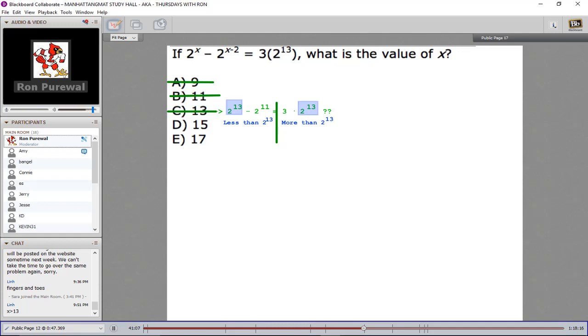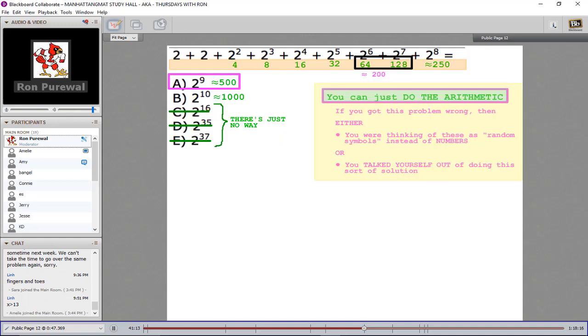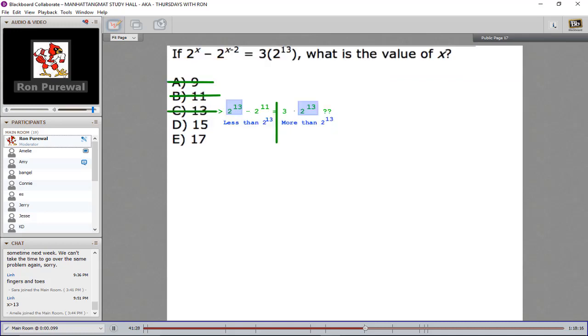Again, it's like I said about that first problem. Where was that problem? This one right here. This happens, right? People get into this frame of mind where these numbers are not even numbers anymore, and they're just thinking about them as stupid symbols that don't even mean anything. Because if you picked A, B, or C on this problem, that's the frame of mind you were in.